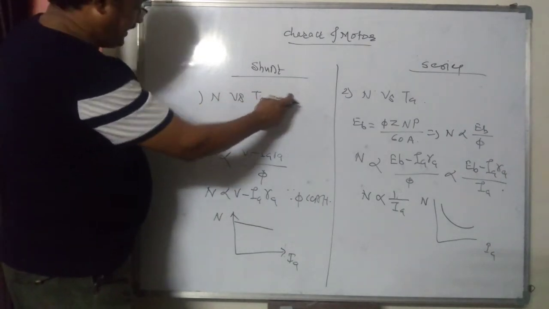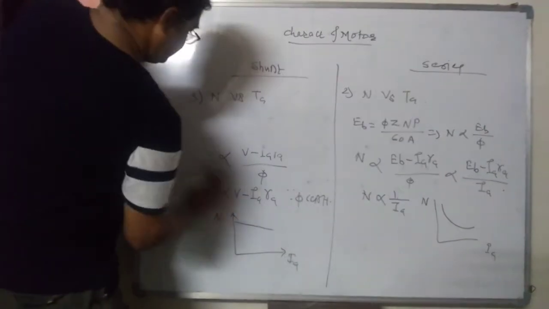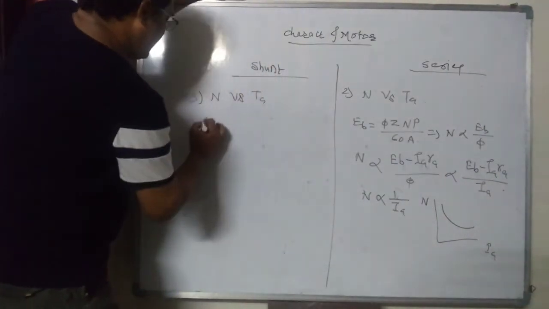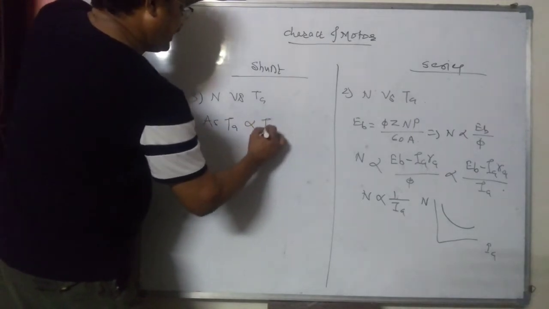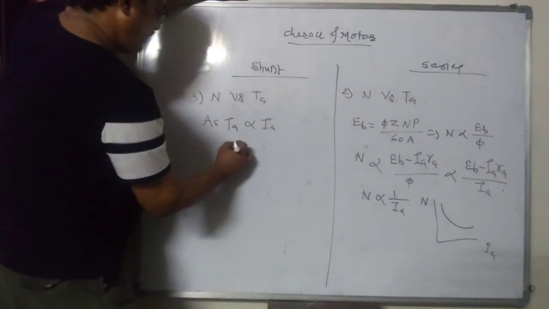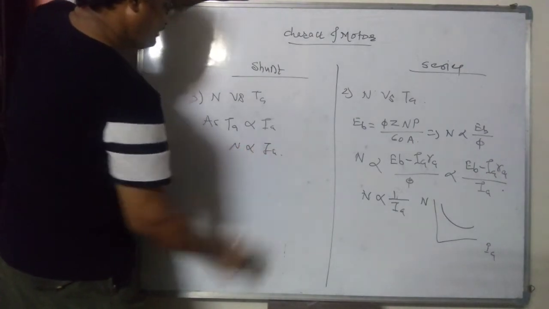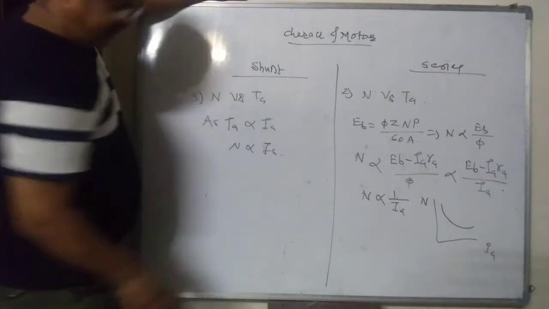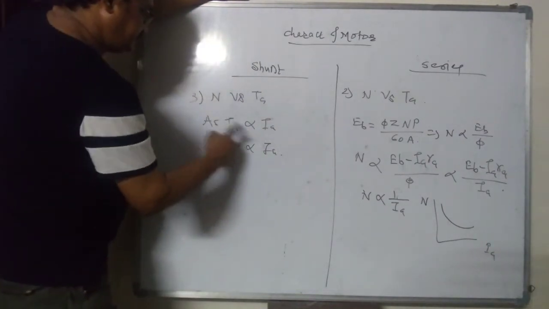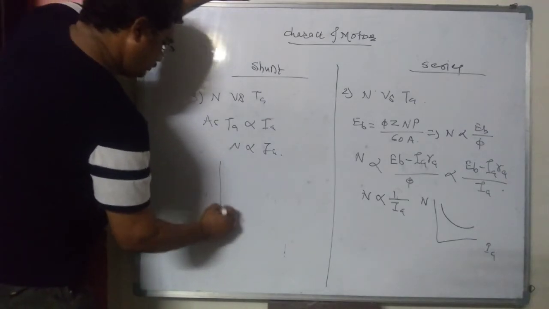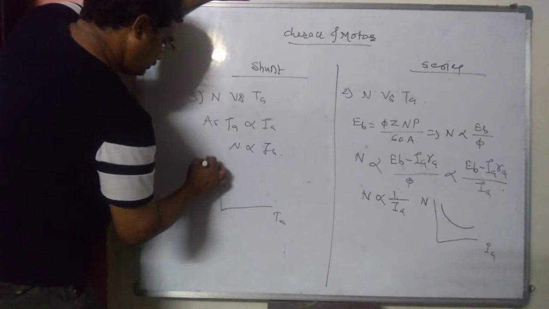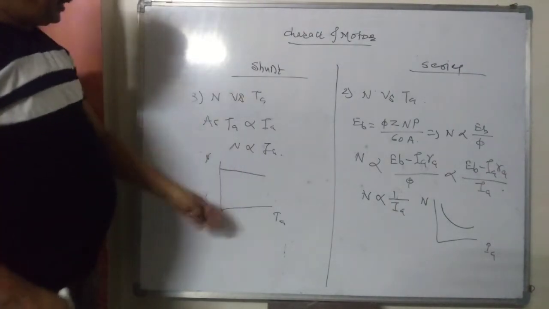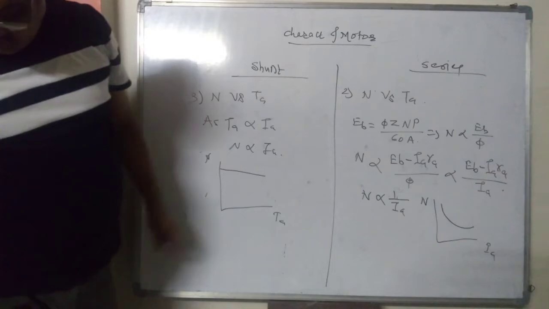As Ta is proportional to Ia, the N versus Ta characteristics will be similar to the N versus Ia characteristics, exactly the above characteristics, only this parameter will change.